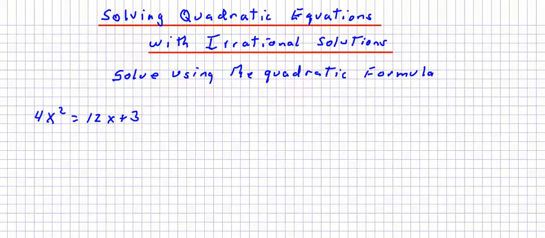Remember, the quadratic formula is x equals opposite of b plus or minus square root of b squared minus 4ac all over 2a. Now, a couple of things.